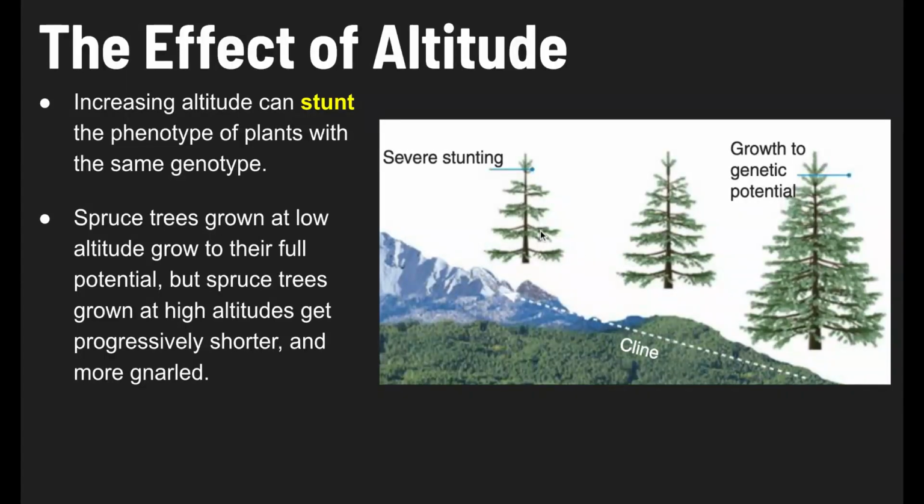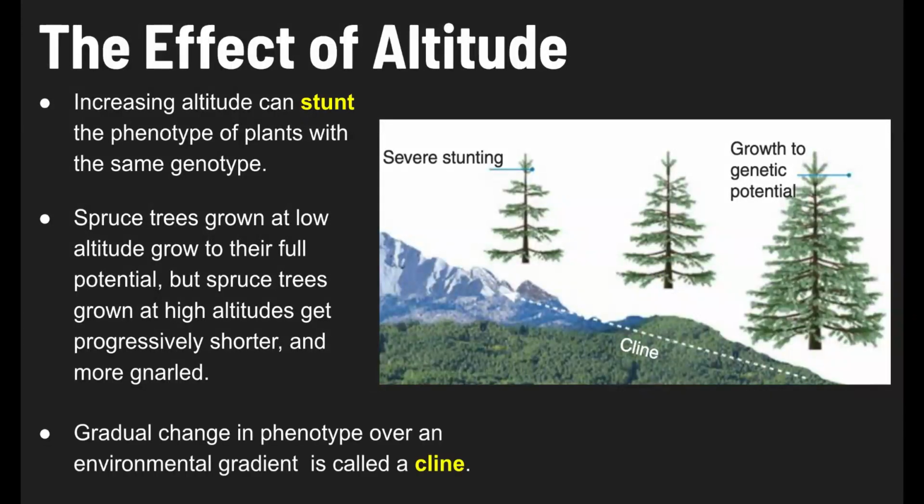But the same spruce tree, if it gets grown at a high altitude, higher up on the mountain, will be shorter and look a little bit more gnarled, kind of twisted. The leaves are patchy and so on.